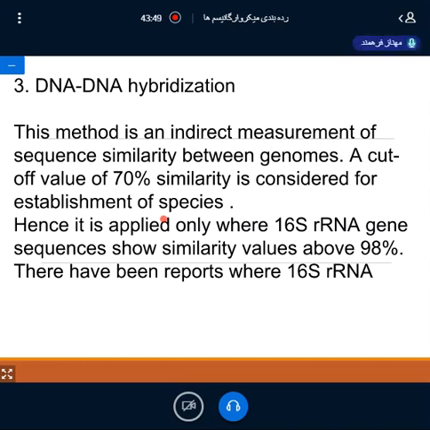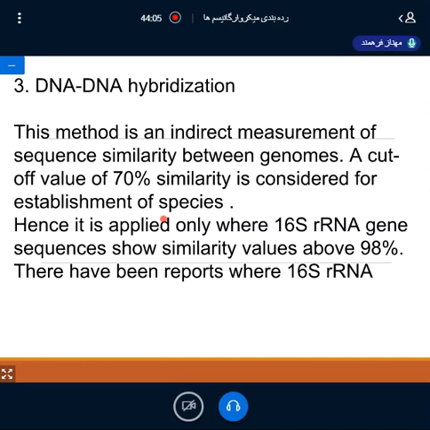Okay, so we are going to isolate the DNA and then we must denature the DNA. We must separate the two strands from each other.